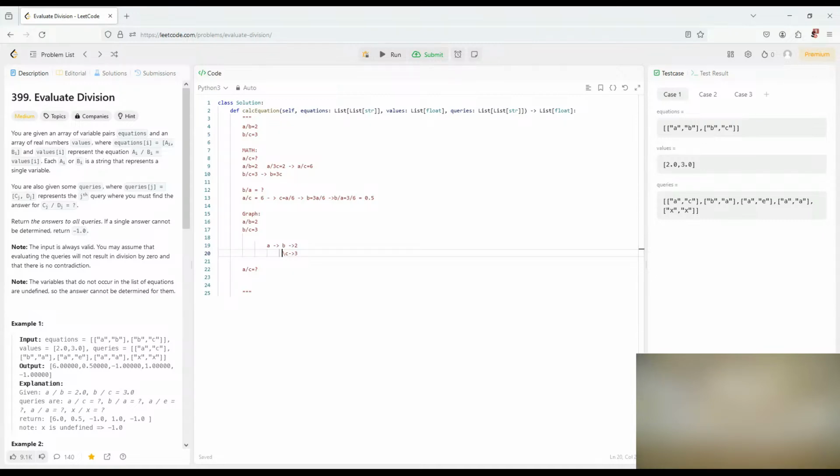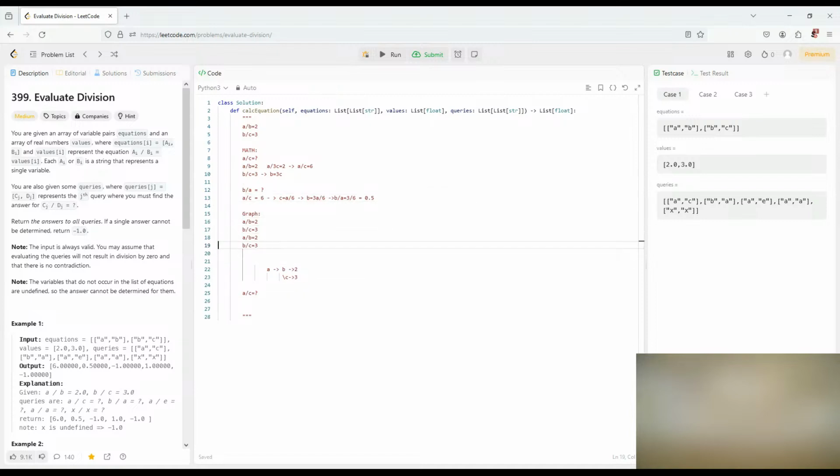Is it like a path? No. Like A, B. Okay, what else can we have? So here A divided by B is 2, right?